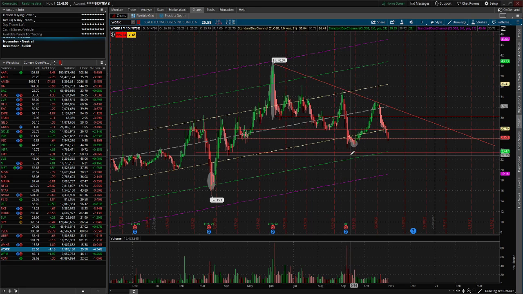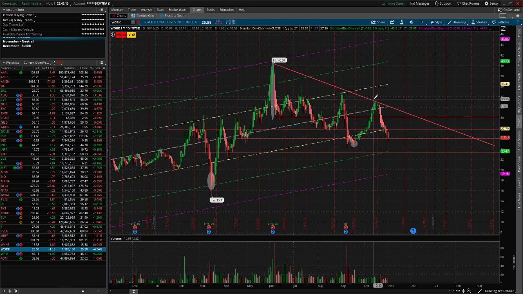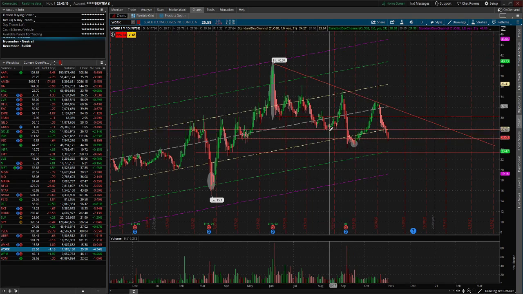And this time it bounced again, but all these highs are lower than the previous one. So these in between ones don't matter. They don't make a difference. It's these big ones that you really have to pay attention to, and those are the ones you draw your trend line off of.